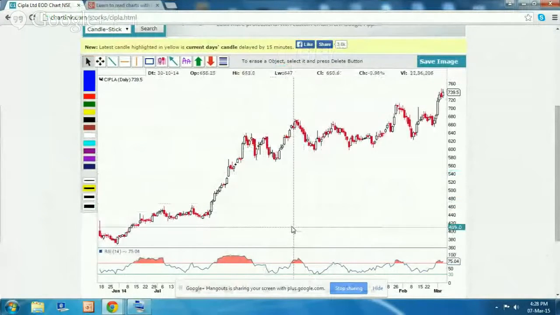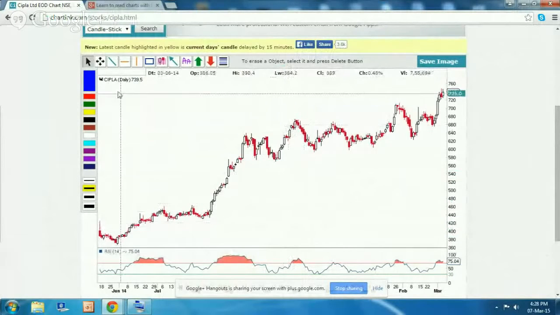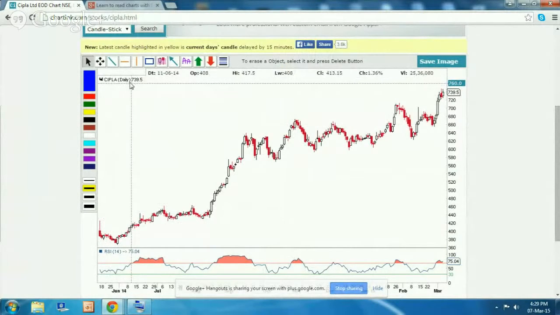Okay, you can see here, in the upper left hand corner, the name written Cipla daily chart. What it means is all these candles are that of a single day.